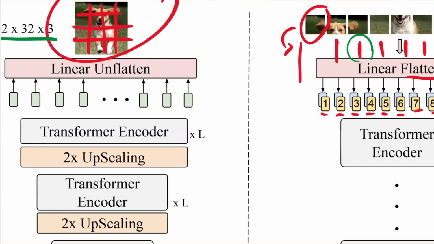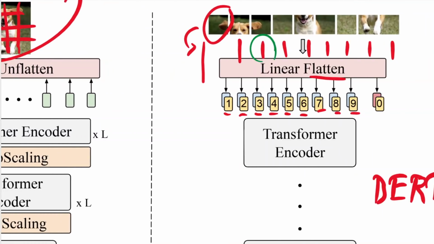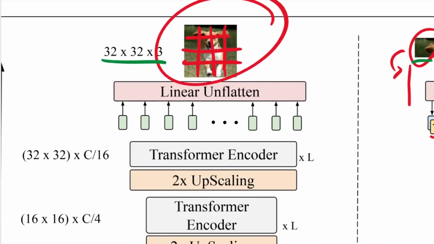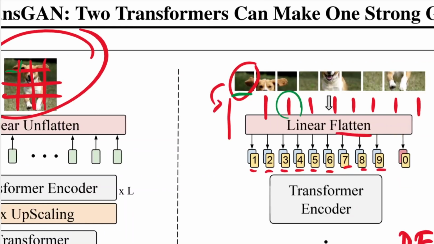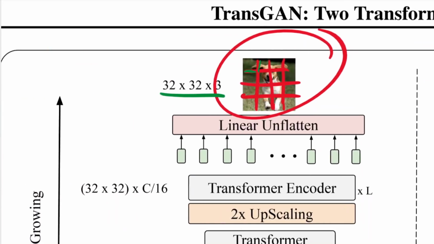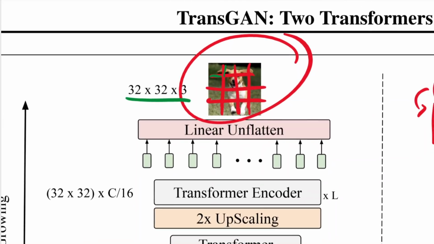Now, you can't just go the reverse from over here and somehow try to predict these patches, because if you predict these patches as such, like independent patches from each other, the borders would never match up. In a discriminator, this does not matter, because you don't need to construct the image, you simply need to classify it. But if you need to generate images, it doesn't look good if you have these borders here where things don't match up.